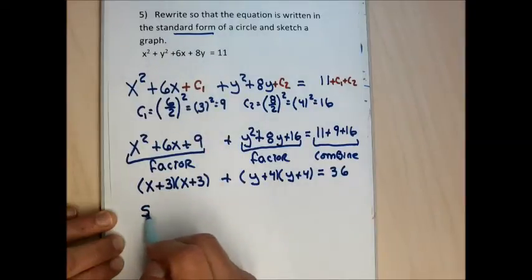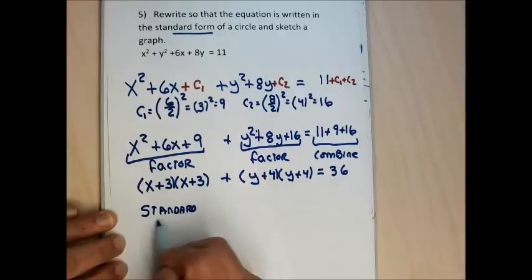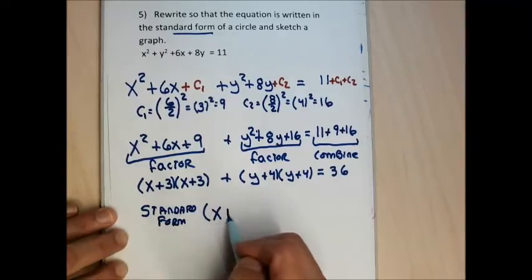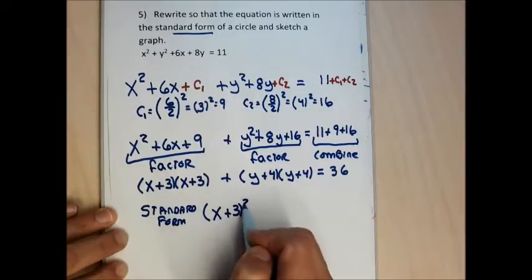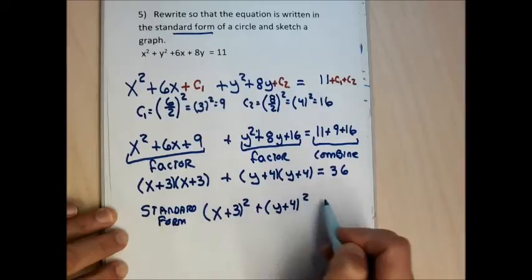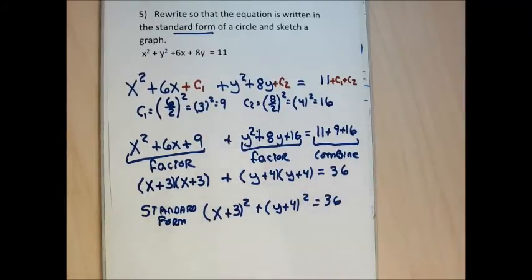A correct answer for writing it in standard form could be x plus 3 squared plus y plus 4 squared equals 36. I'd be completely content with that for an answer. That's probably the answer I wrote on my key.